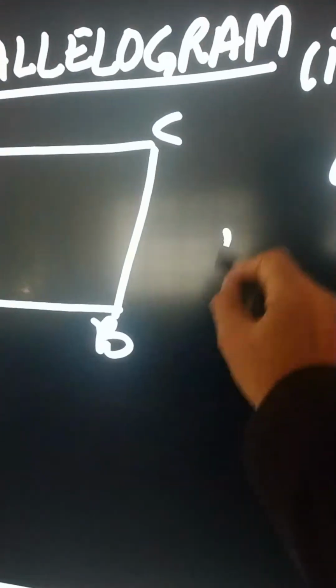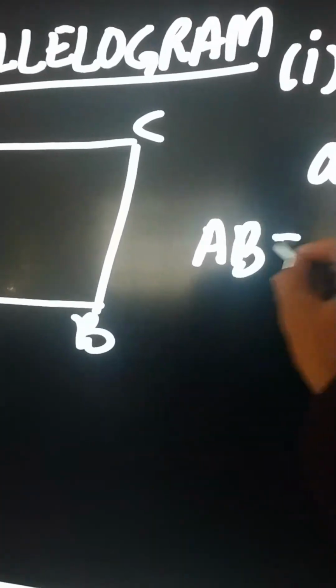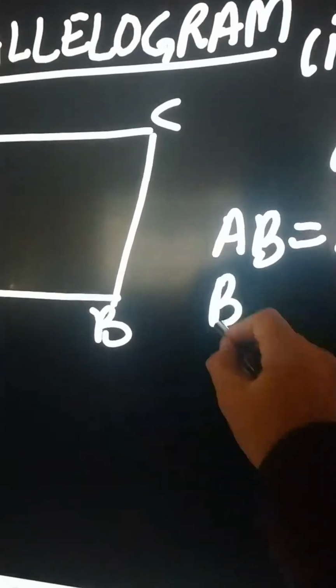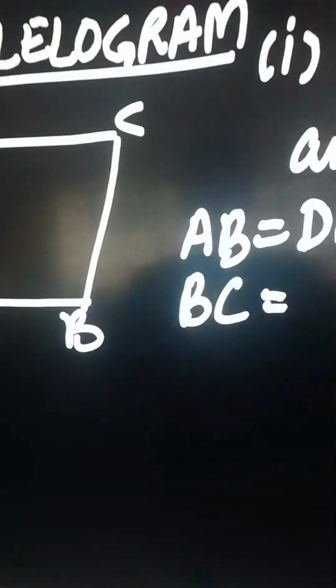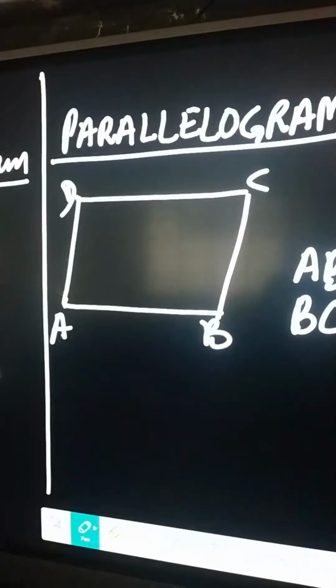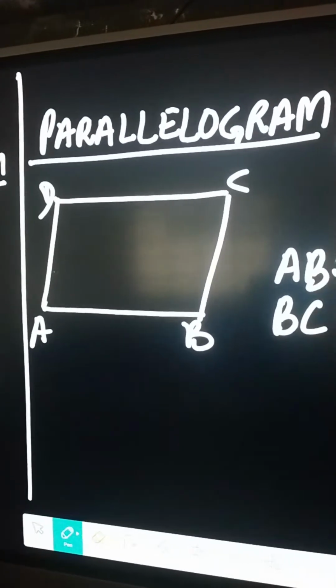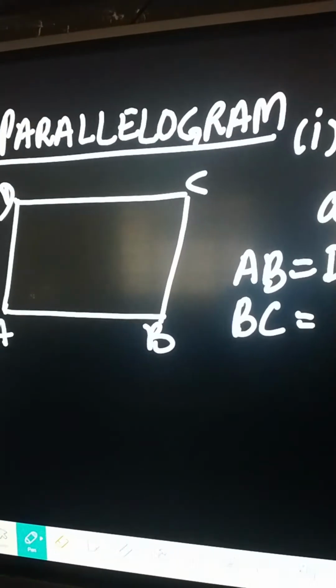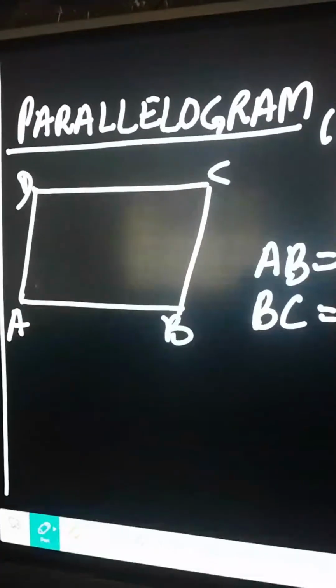AB is equal to DC. Which side is equal to which side? Side BC is equal to, type below this video, what is the side equal.